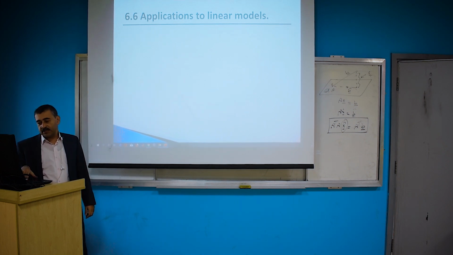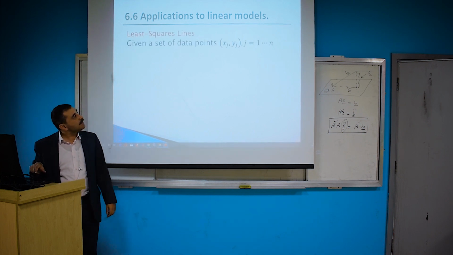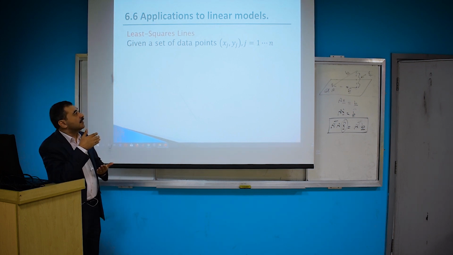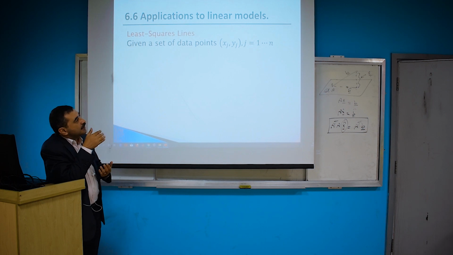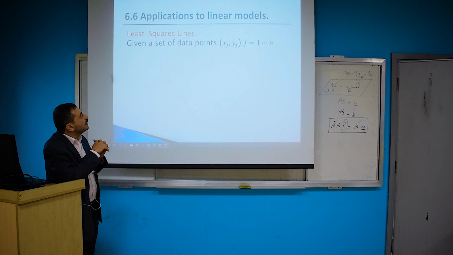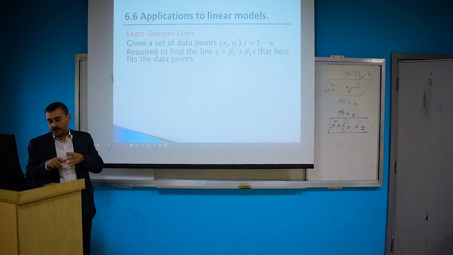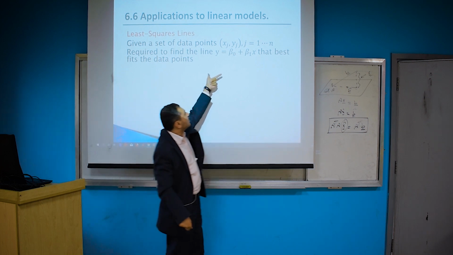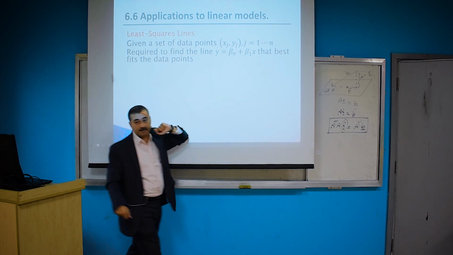So let's see how to get the equation of these curves. So let's start by the straight line. Suppose that you have some points, a data set, for example, containing x and y for some points. Okay. And you want to find the straight line that best fits your data.